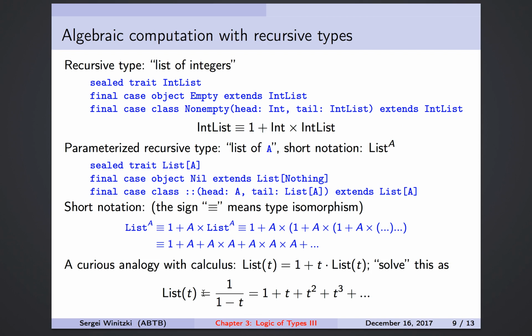And here is an example of reasoning with types, or algebraic reasoning, that I described. Here are two specific examples that I'm going to give right now. The first is to define a list of integers. So the type that represents a list of integers. So we'll define this from first principles.